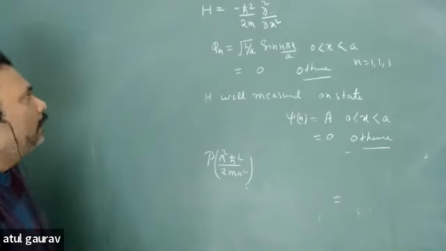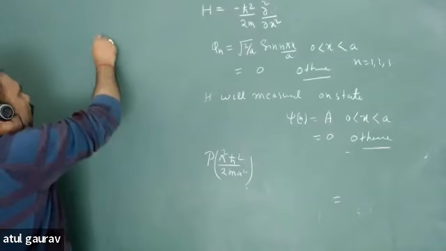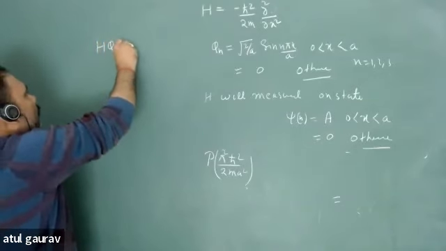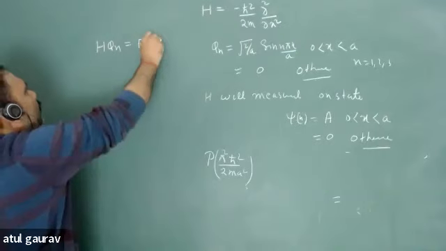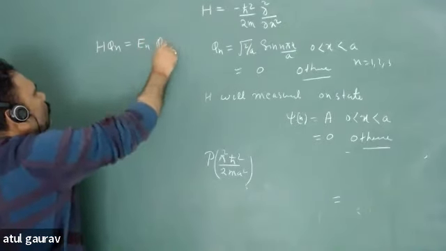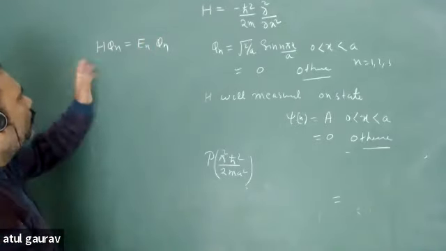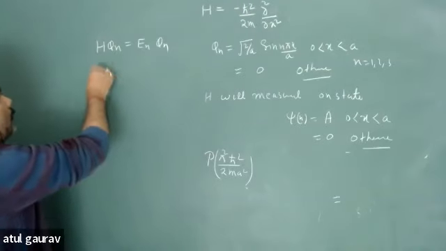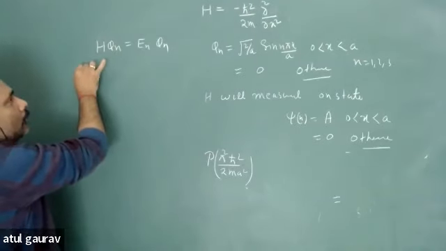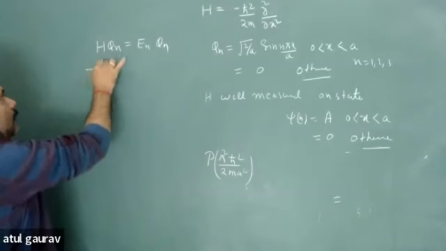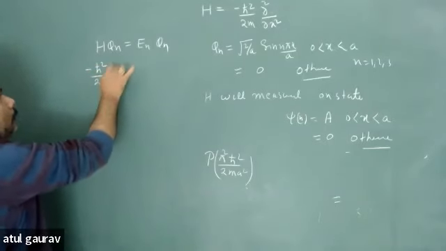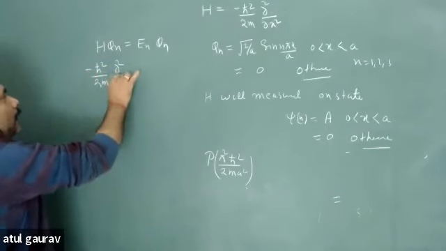Yes, sir. है ना? कैसे मिलेगा? You can write H phi n is equal to let's say En phi n, है ना? ऐसे ही तो लिखोगे. H की वैल्यू हम क्या लिखें यहां पर? What is H here? Minus ħ² upon 2m ∂²/∂x².